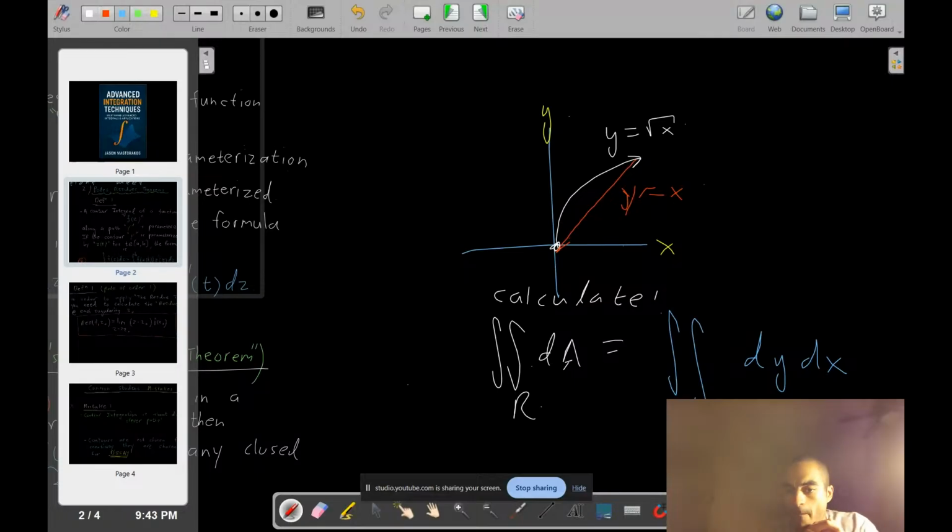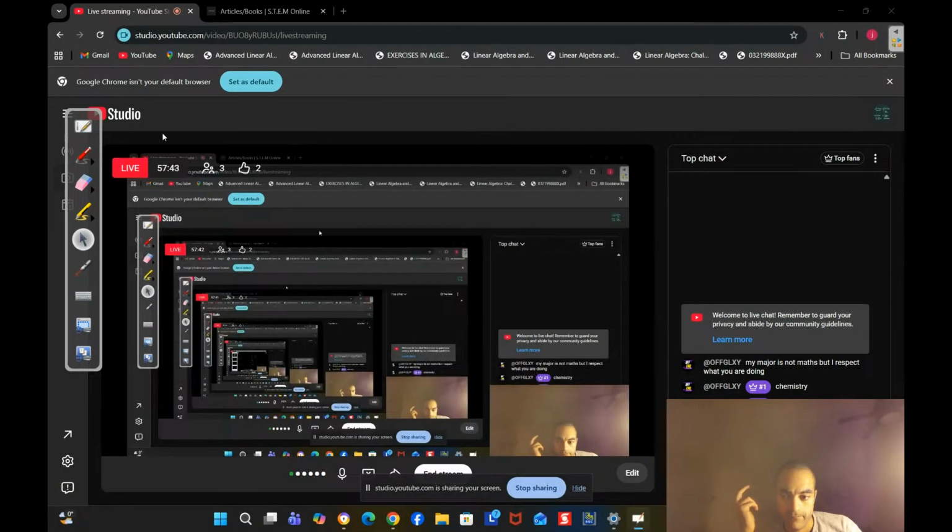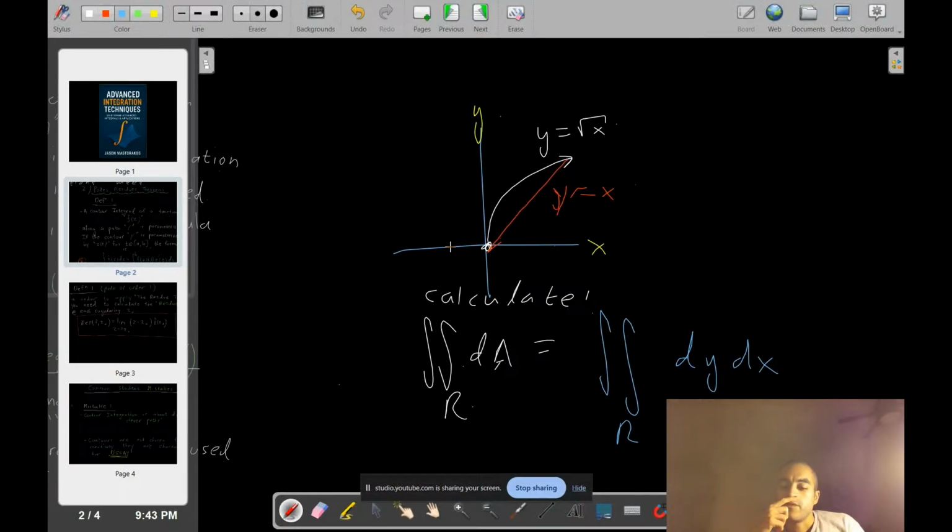I can interchange to dx dy, but if I do, my limits of integration will vary. So the inner integral is going to be with respect to y, so we're going along the y-axis.